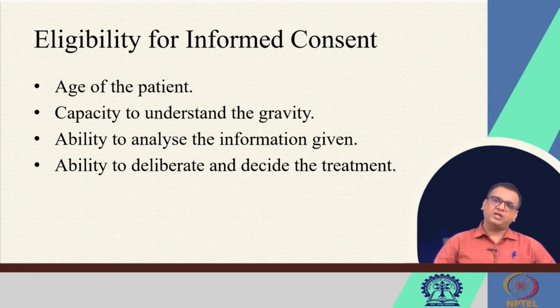Otherwise, between the ages of 12 to 18, it may be difficult to understand the procedure, the risk involved or the benefits of the procedure, so it is better to take the consent of the parent or guardian along with the patient. The patient's consent is mandatory if the age is more than 12. If the age is less than 12 or the patient is of unsound mind, the consent of a parent or guardian is sufficient.